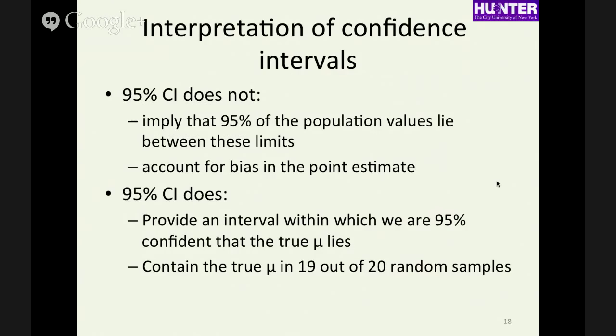But a couple of things it does do, proper interpretations: it provides an interval in which we're 95% confident that the true value lies. That's a good interpretation. And also, if we were to take a large number of samples, 19 out of 20 of them would result in a correct confidence interval that contained the true mean.